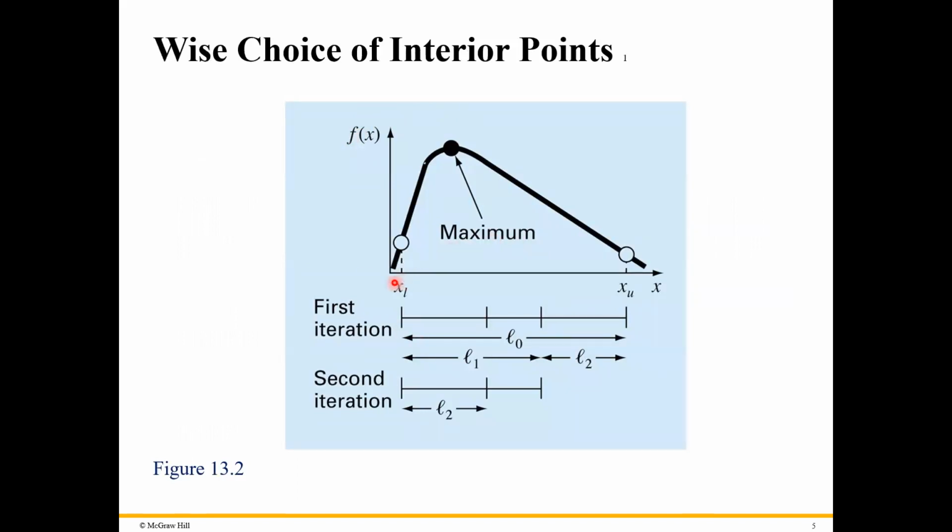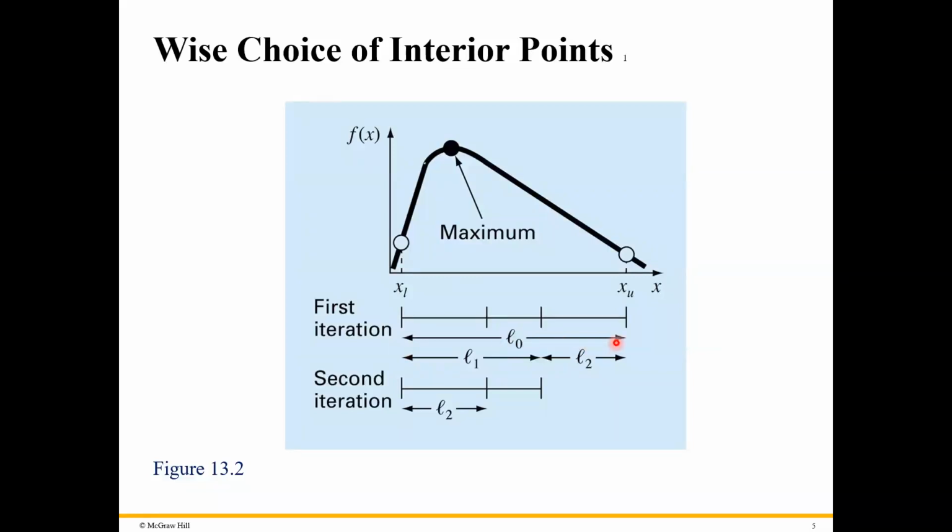For example, if we have this function of x, and this function has a maximum value at this point, and its extreme points are xl and xu. The distance between xl and xu, that is xu minus xl, is represented by L naught.